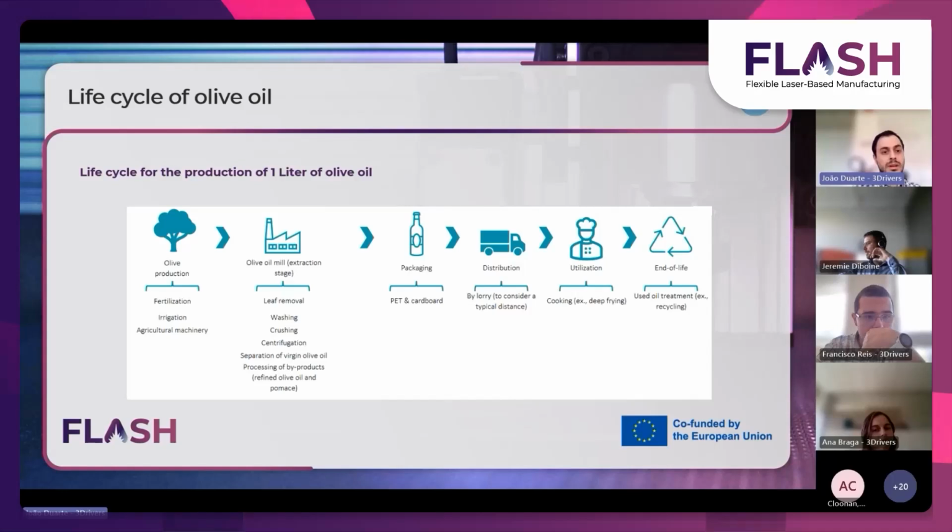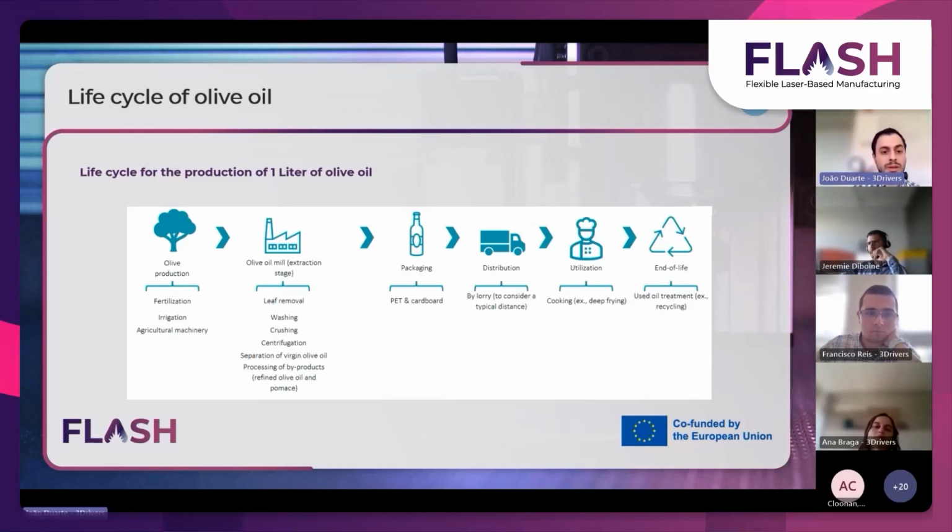So regarding this system, being a cradle-to-grave approach, it will include all the life cycle stages of olive oil, which include the olive production. In this stage, we have fertilizers, irrigation, and also the agricultural machinery that needs to be used.